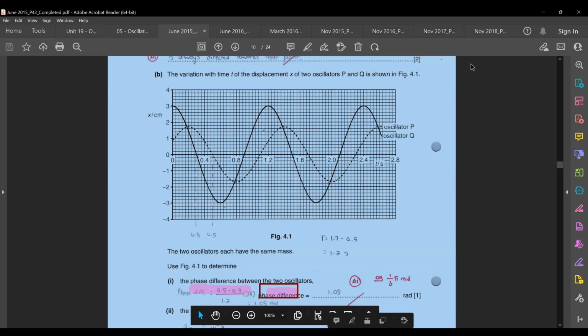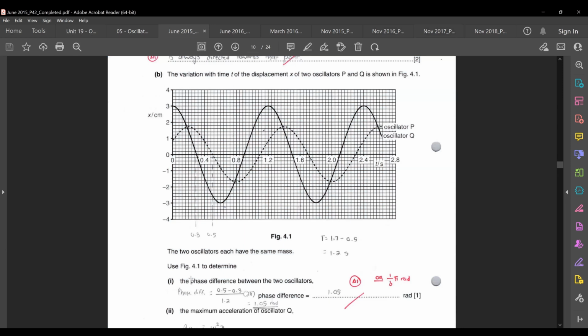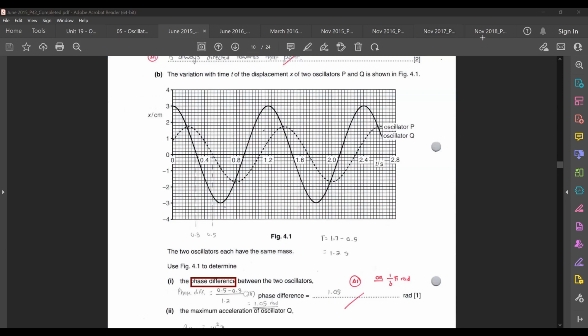Now for the part here where you are required to determine the phase difference between the 2 oscillators, this one actually refers to the phase difference that you've learned from your AS waves. Okay.